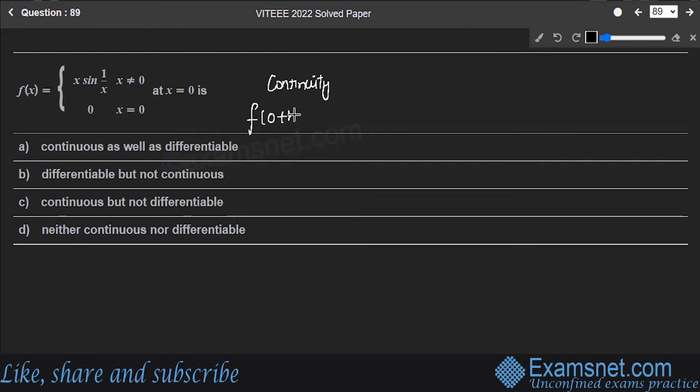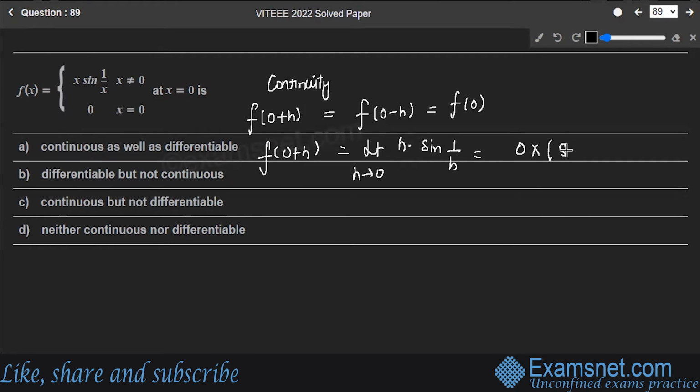If this is continuous, then f(0 plus h) should be equal to f(0 minus h) should be equal to f(0). Now, f(0 plus h) is the limit as h approaches 0 of h sine 1 upon h. This will be equal to 0 into some finite quantity, which is equal to 0.